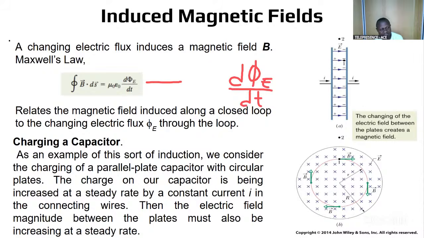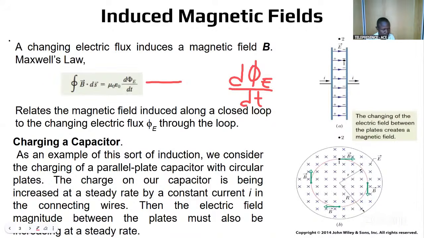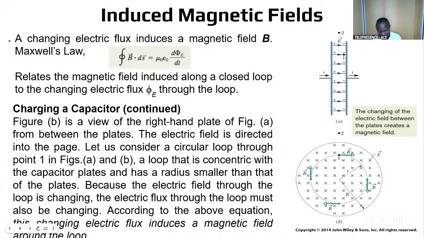It relates the magnetic field induced along a closed loop to the changing electric flux through the loop. This was demonstrated by these experiments: the changing electric field between the plates creates a magnetic field, that is, charging a capacitor.